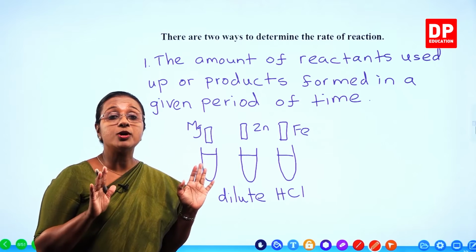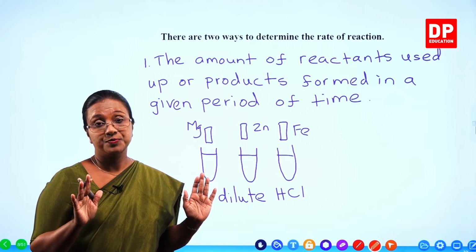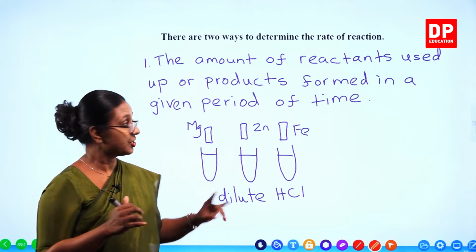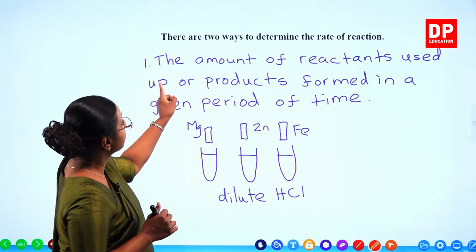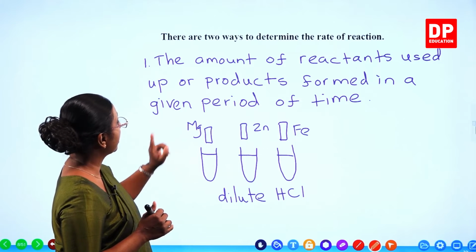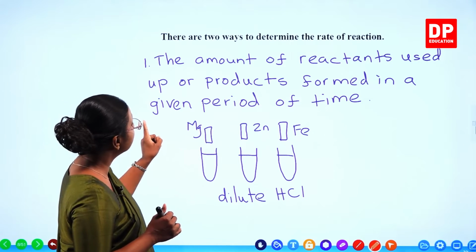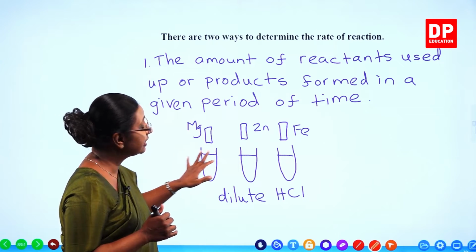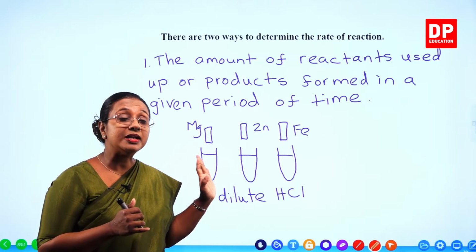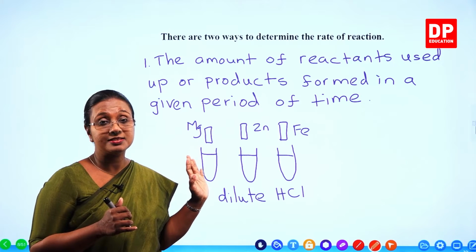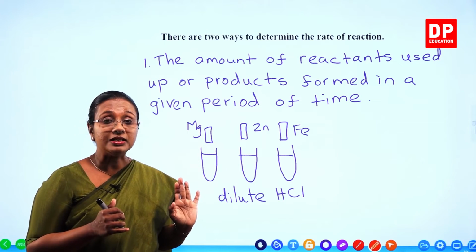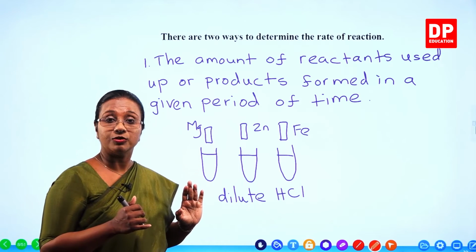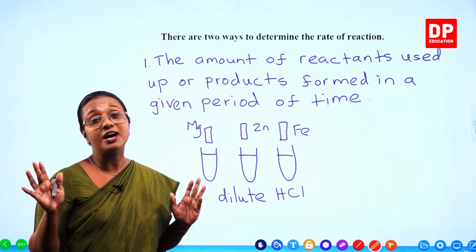But now we want to compare it properly. Compare the rate of reactions. So here what does it say? The amount of reactants used up or products formed in a given period of time. So here if I take the products, you know when a metal reacts with dilute acid, what is the product? The salt of metal. So here it will be the metal chloride and hydrogen gas.